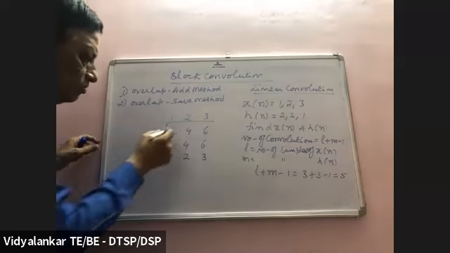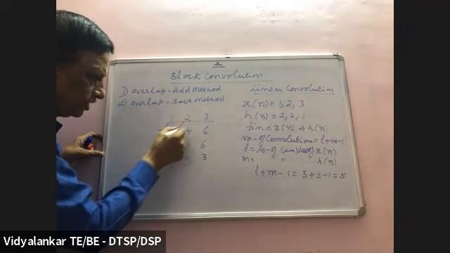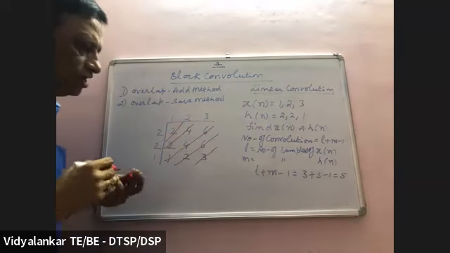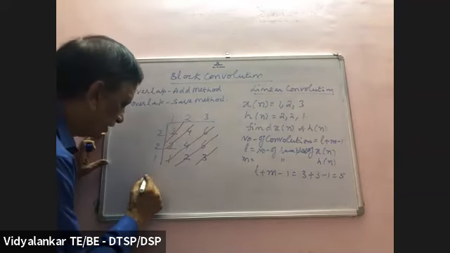Once we have the matrix elements, starting from the first row and first column value, vertically scan all these elements, and whatever values are in each scan, add them and represent it as the output.